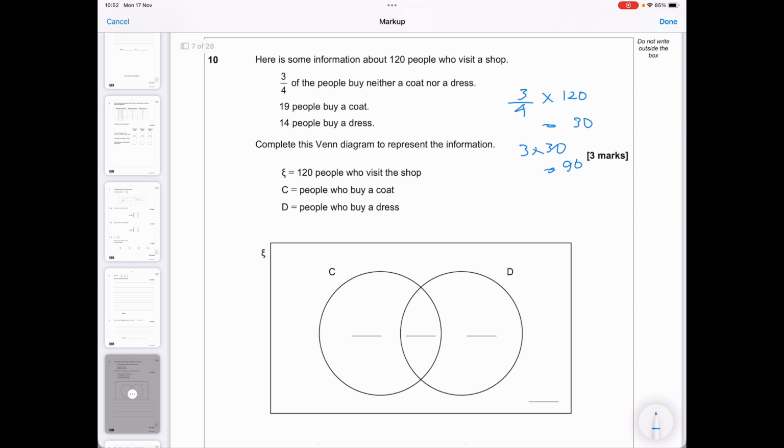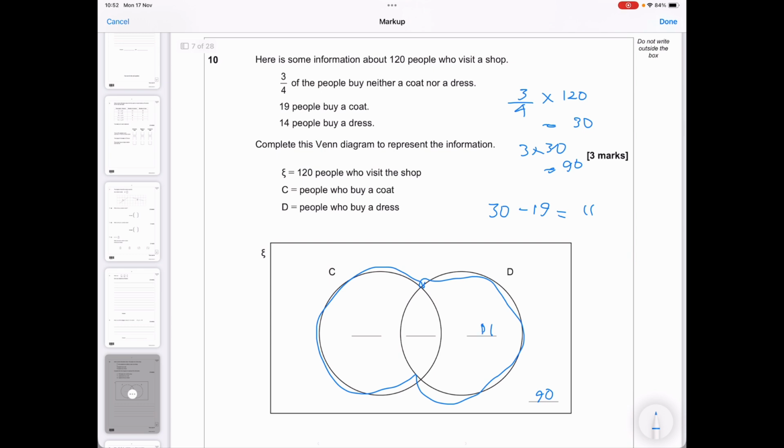So we know outside is 90. And then that means that inside C and D, this bit here, is going to be 30. So 19 people buy a coat. So let's do 30 minus 19 equals 11. And that will tell us the people that only buy a dress.